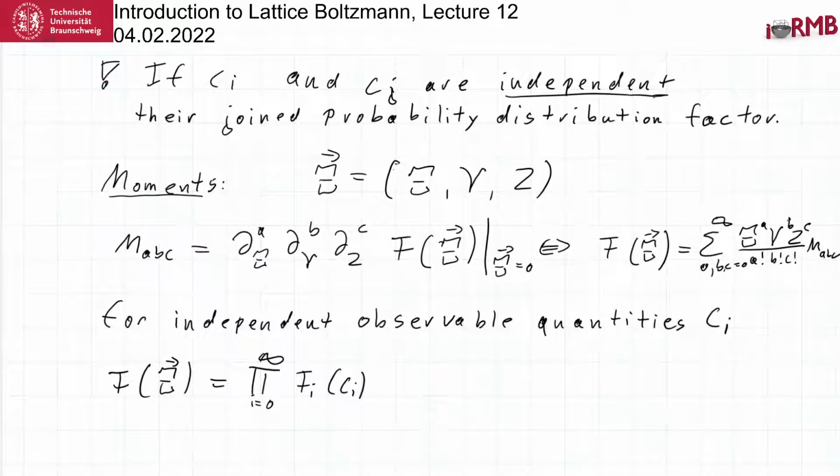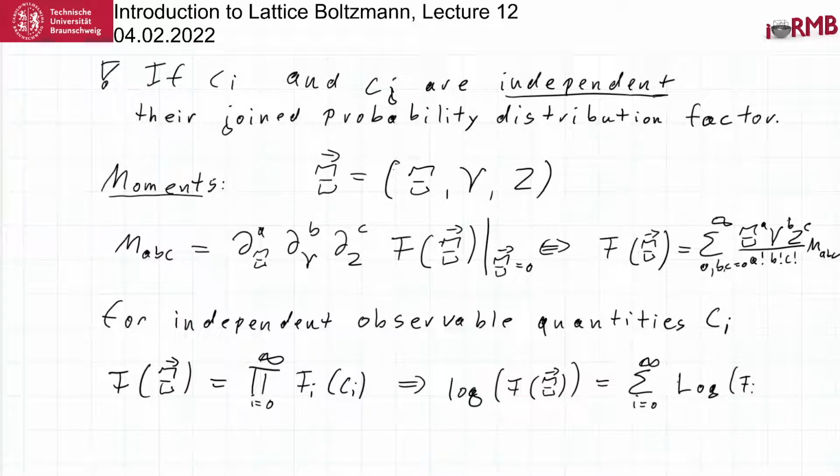Okay, so if this is a product, what we can do is take the logarithm of F of Xi, and this will of course be equal to the sum from 0 to infinity of the logarithm of Fi of Ci.